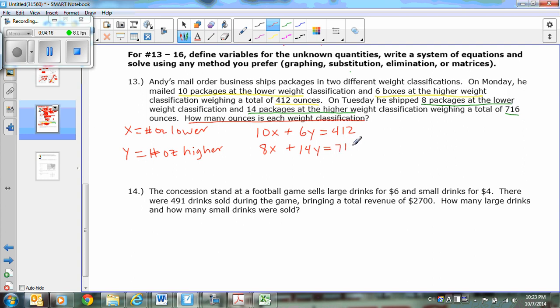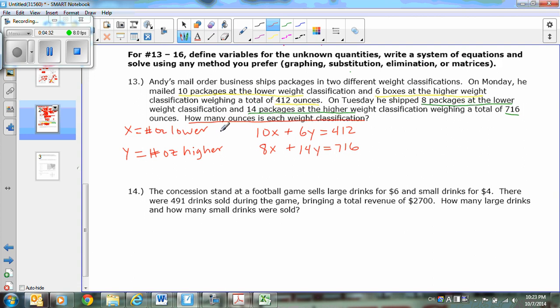All right, so looking at these equations, I think the most convenient choice for getting your solution quickly would be to use matrices. I will leave that up to you. And when you're done, you should get the following answers.